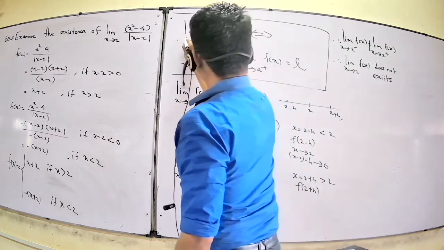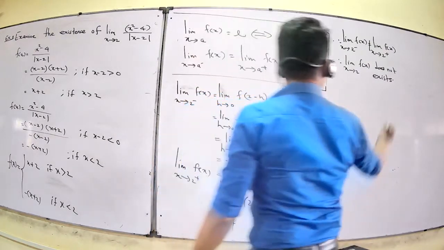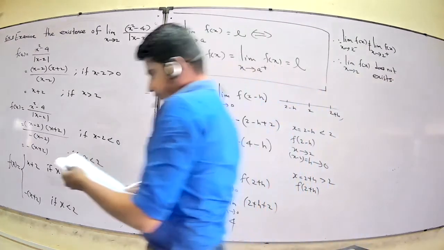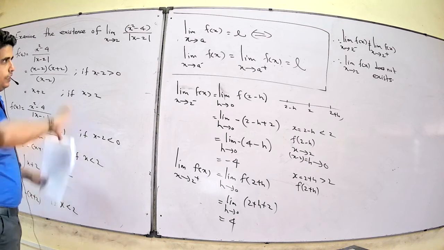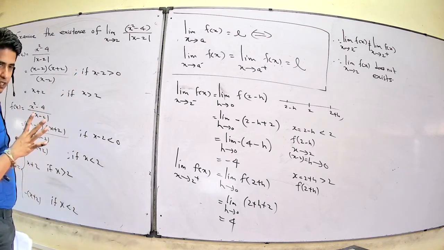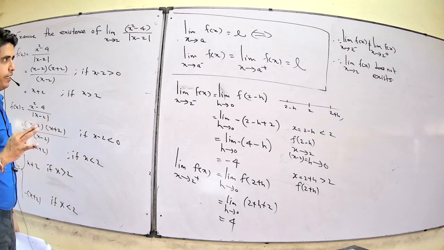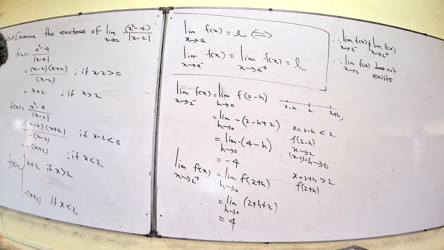Okay, does not exist. Now another question. You do these problems, then you can easily get the idea, right? How can you find the left limit and right limit for a limit function? Okay, right. It is a finite case. Okay, next question.